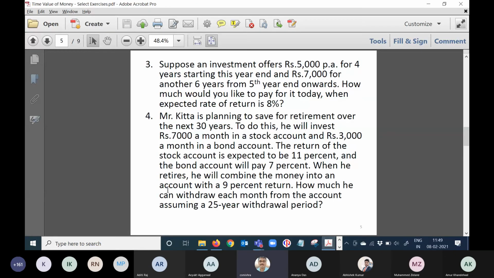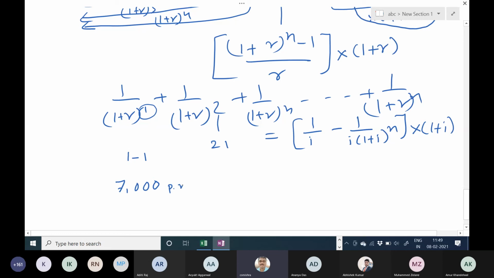Per month. 7,000 per month in the stock account. The stock account carries 11%.